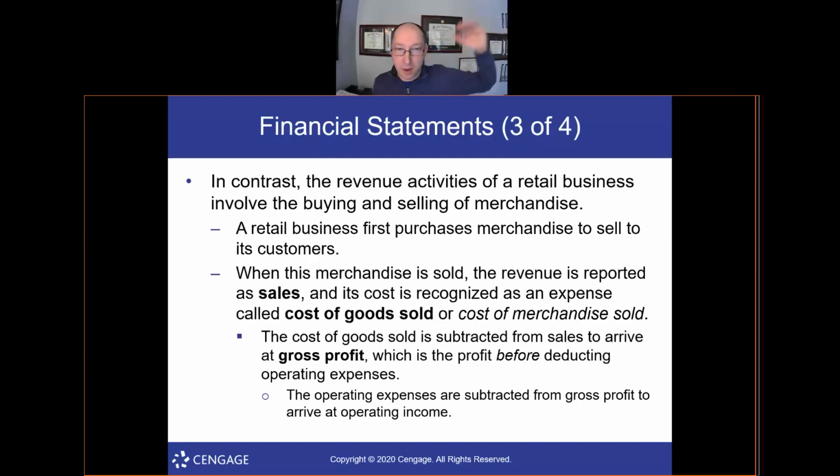And just so you know, every income statement for every retailer is formatted the same exact way. You'll always have revenue on the top, minus cost of goods sold equals gross profit, and then minus their expenses equals operating income. And it makes it nice and easy for us investors.